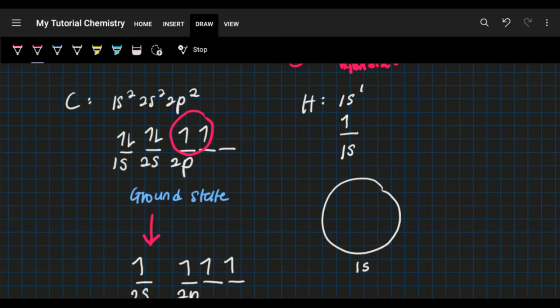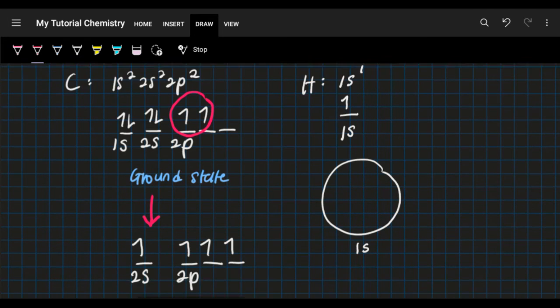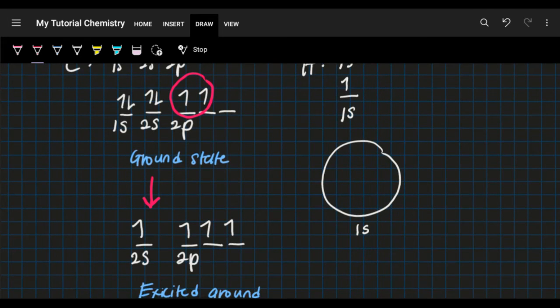Now it has to form 4 single electrons, one in each orbital. So it promotes an electron from 2s to the 2p orbital. Only the same energy level can promote an electron, so the 1s orbital cannot promote its electron, only the 2s to 2p.